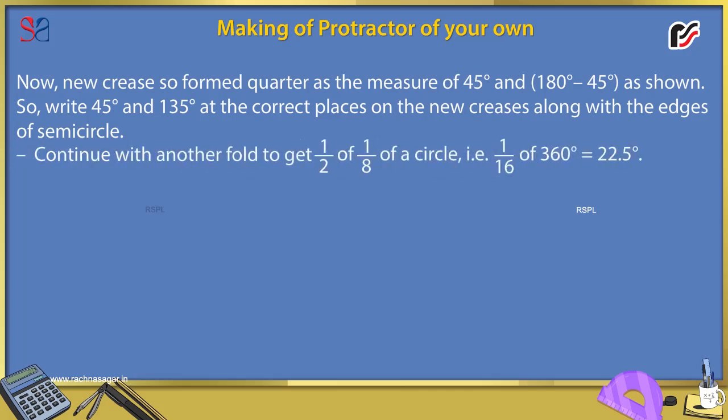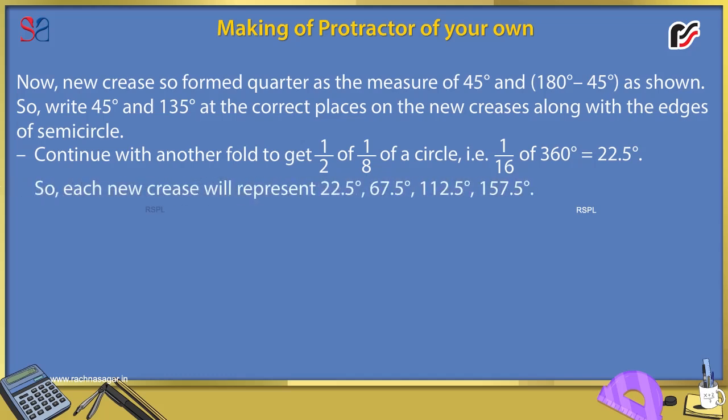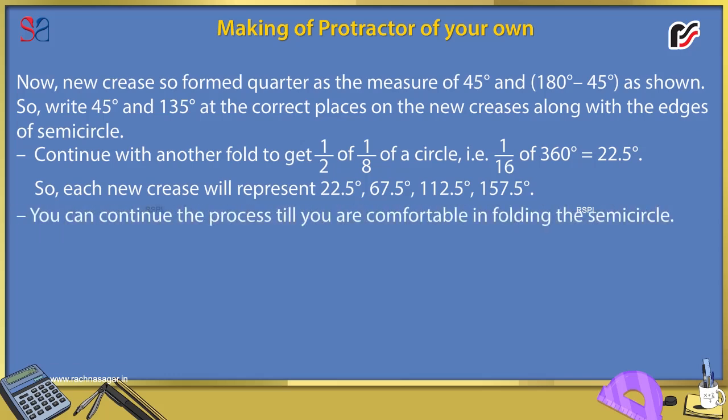Continue with another fold to get 1/2 of 1/8 of a circle, that is 1/16 of 360 degree is equal to 22.5 degree. So, each new crease will represent 22.5 degree, 67.5 degree, 112.5 degree, 157.5 degree. You can continue the process till you are comfortable in folding the semicircle.